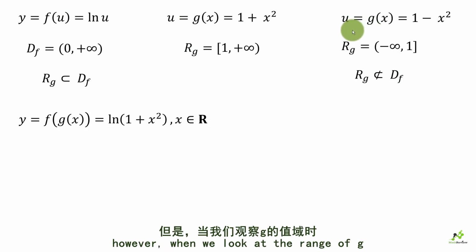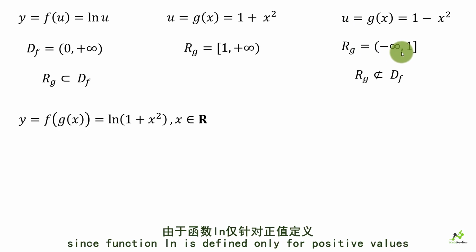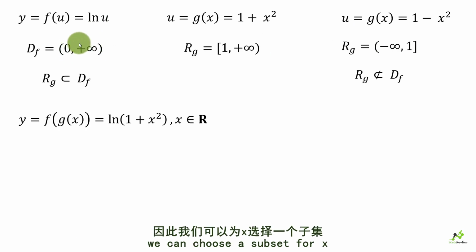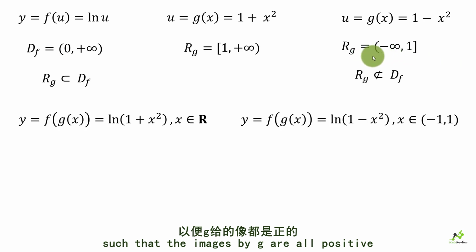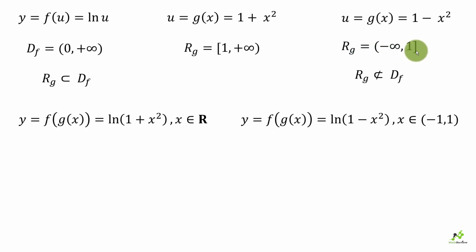However, when we look at the range of g, since the function ln is defined only for positive values, we can choose a subset for x such that the images by g are all positive. That is the subset (-1, 1).